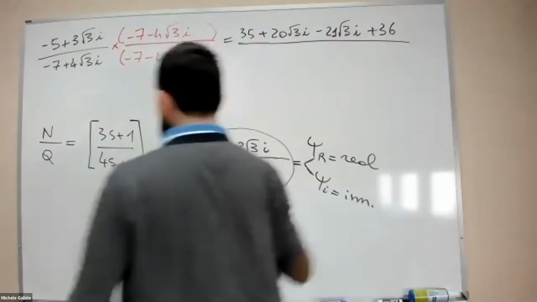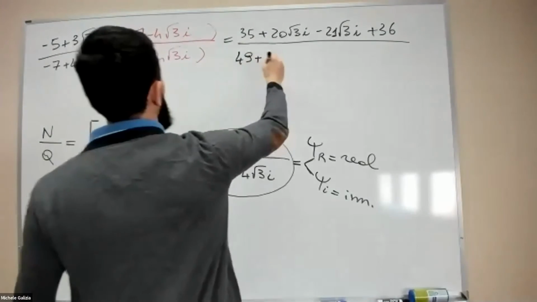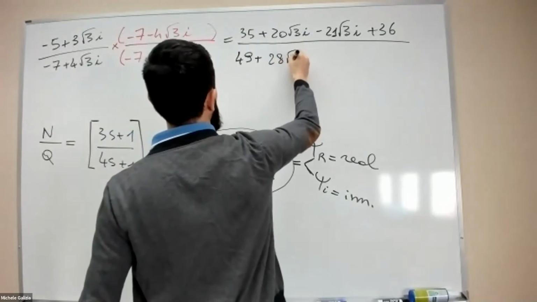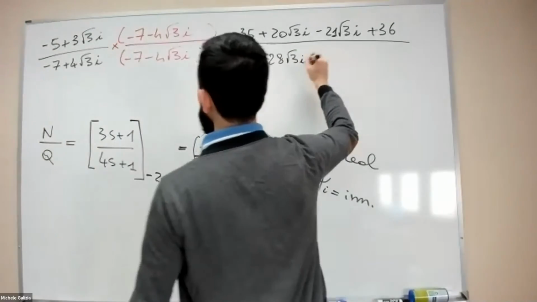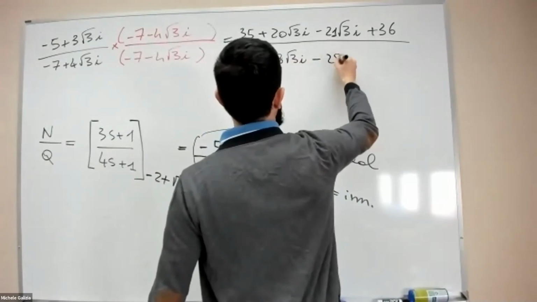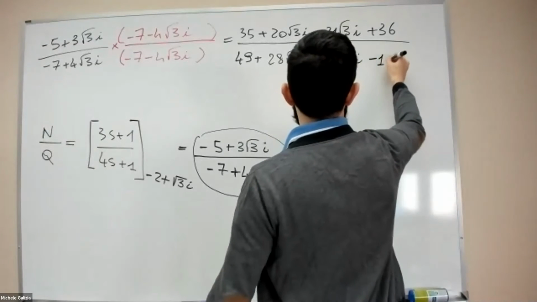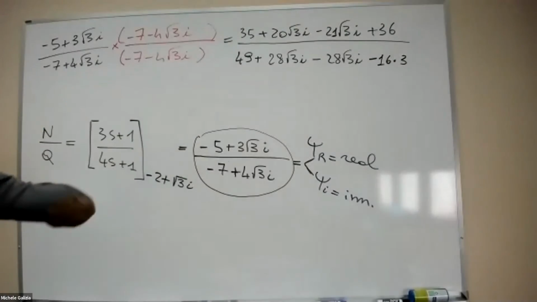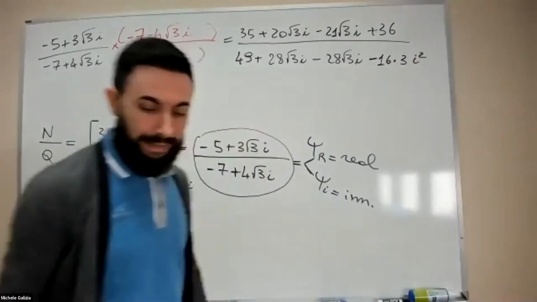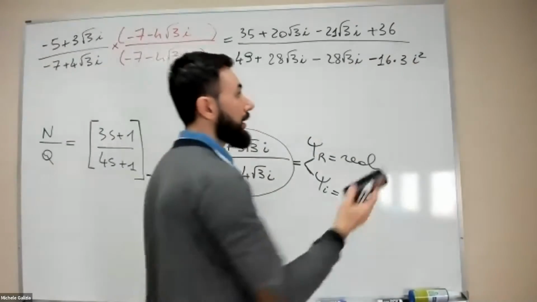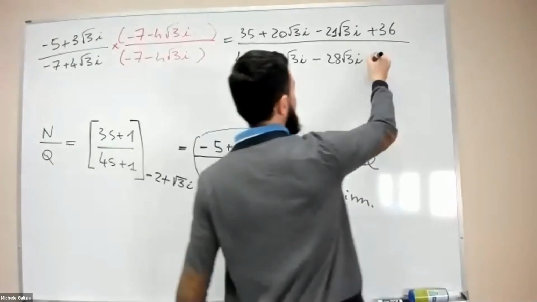And let's do the same here. 49 plus 28 radical 3i minus 28 radical 3i minus 16 times 3 times i squared. And i squared is -1, so this is plus 48.